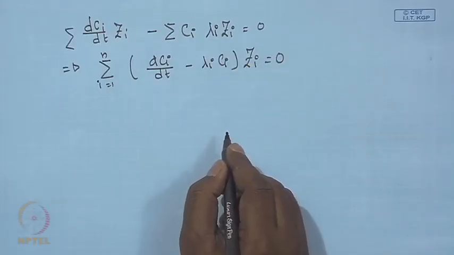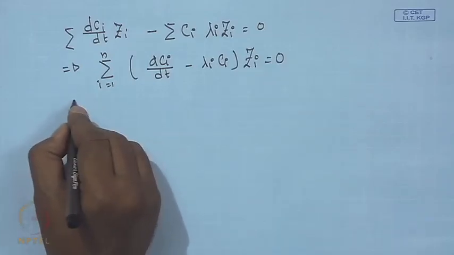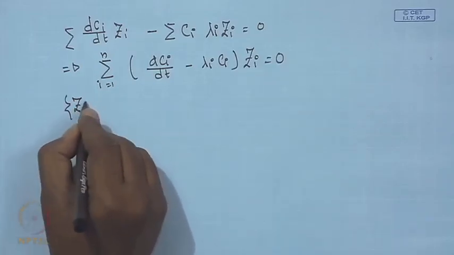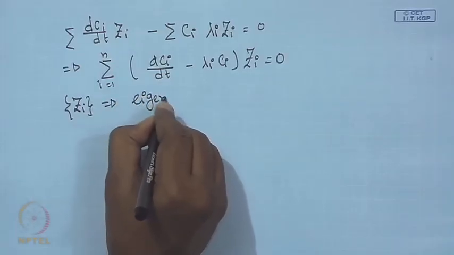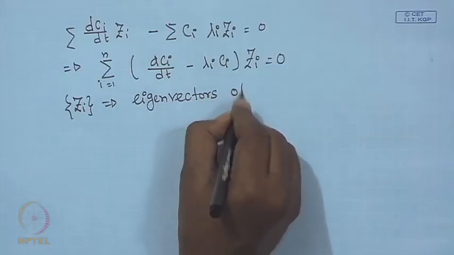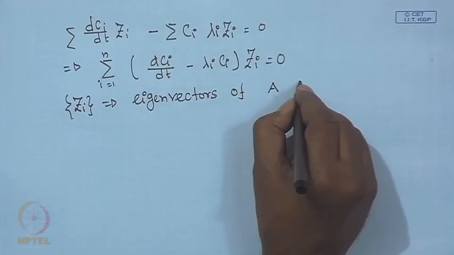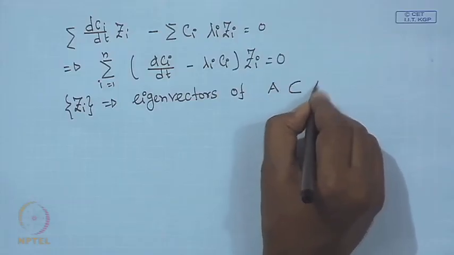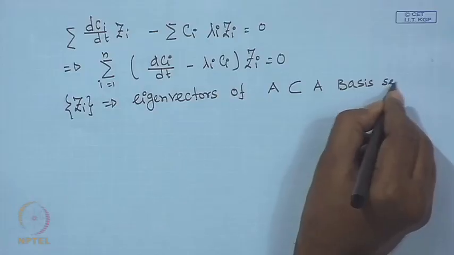Now, you remember the z_i's are the eigenvectors of the matrix A. That means they belong to a basis set. And what is the basis set?